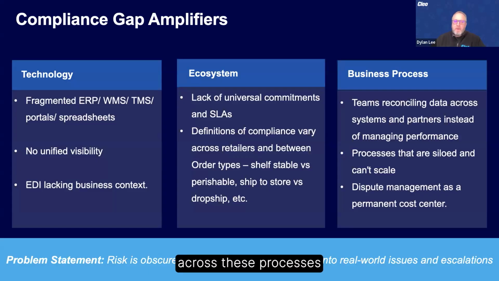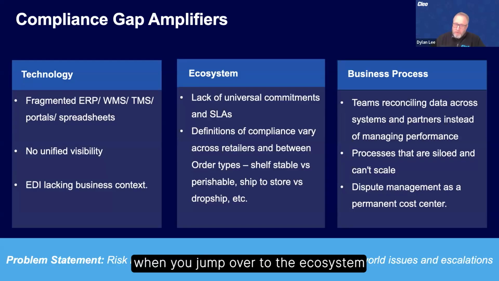Now, having visibility across these processes, or even having EDI and automation in place, but not really having the ability to add business level context at the supply chain operations level can really hamper your ability to identify and react quickly to these compliance gaps.